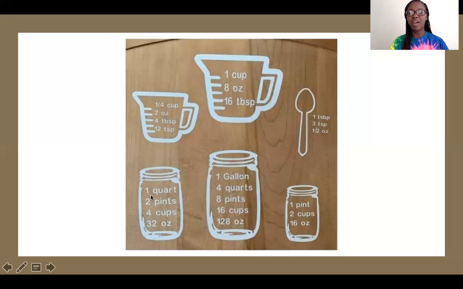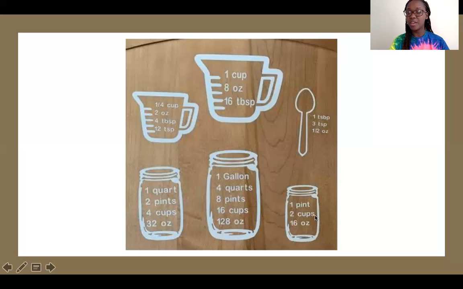Over here we have 1 quart, which is the same as 2 pints or 4 cups or 32 ounces. Over here, we have 1 gallon, which is the same thing as 4 quarts, 8 pints, 16 cups, or 128 ounces.